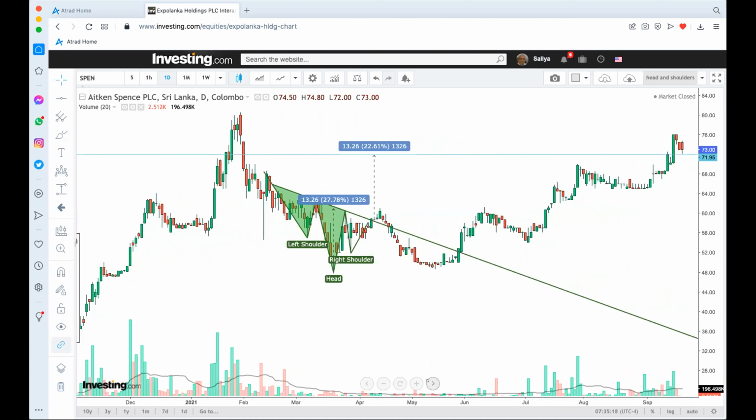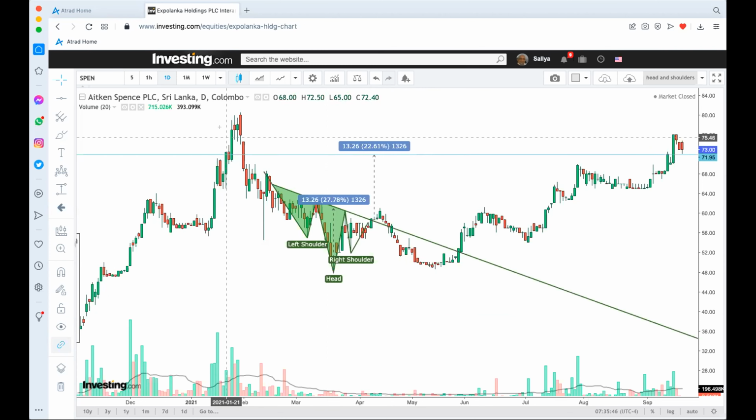So you can see finally that level was broken. The inverted head and shoulder that we saw here, and the projection was achieved here. So we could have made use of this breakout, or once the breakout happens, there is a throwback, and that throwback supported or tested this level.